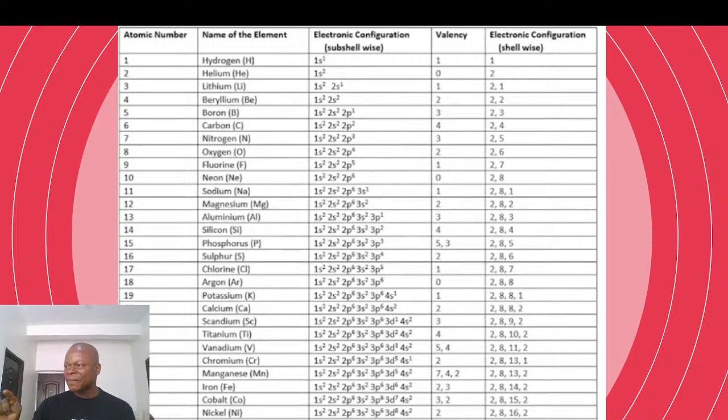That is 2 at the K shell, 8 at the L shell and 4 at the M shell. Now go to atomic number 15.